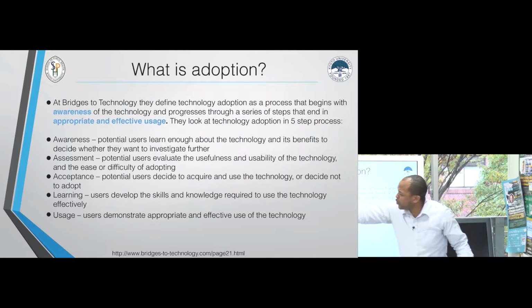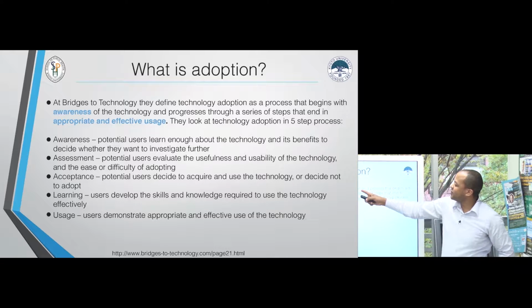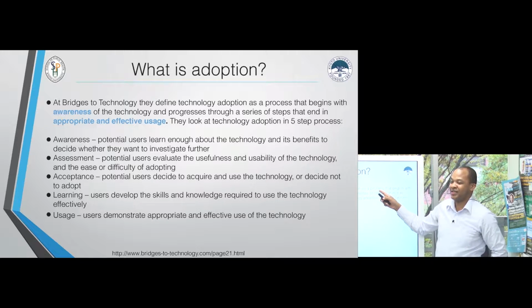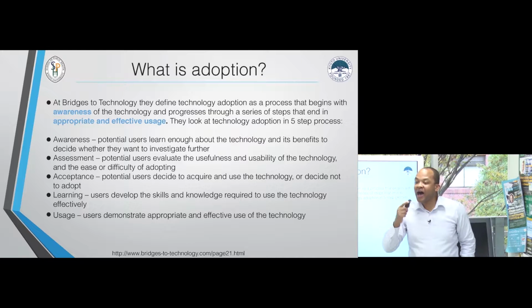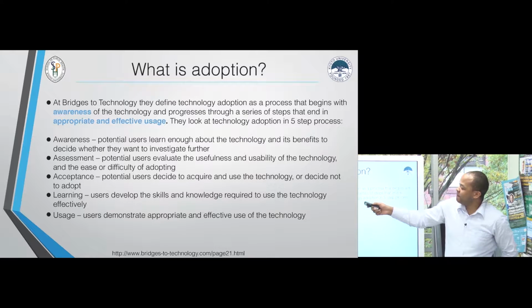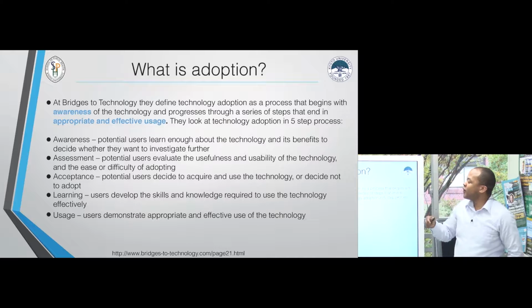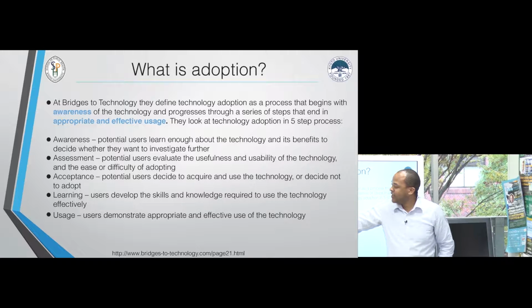There's an online company, they define technology adoption as a process that begins with awareness of the technology and progresses through a series of steps that end in appropriate and effective usage.